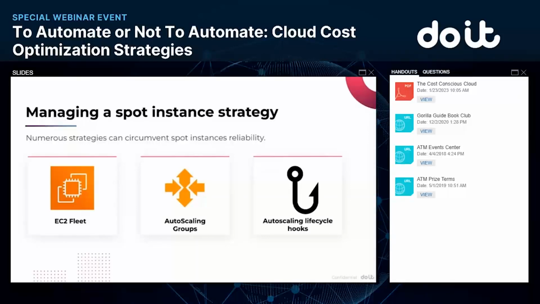So now that we've seen the challenges, let me go through one avenue of circumventing them with a spot instance strategy within AWS. The best avenue to do that is the Autoscaling Group. An Autoscaling Group, simply put, is a collection of EC2 instances that behave together according to a user order.